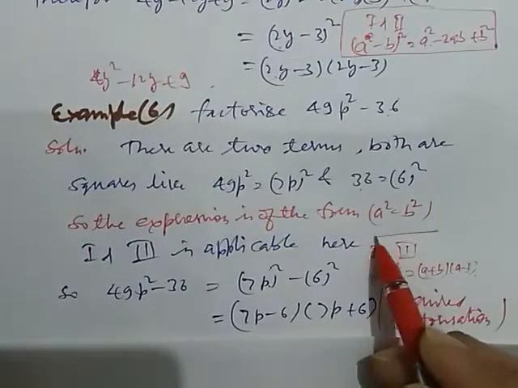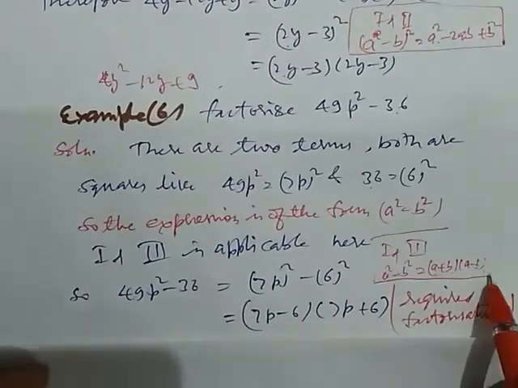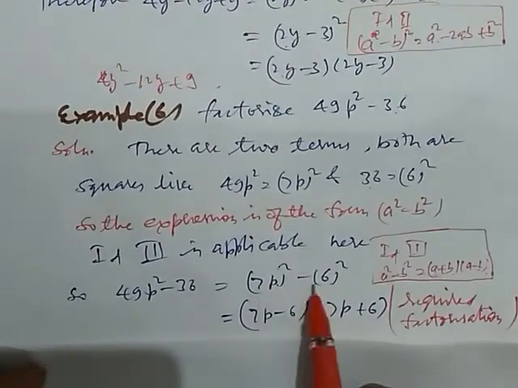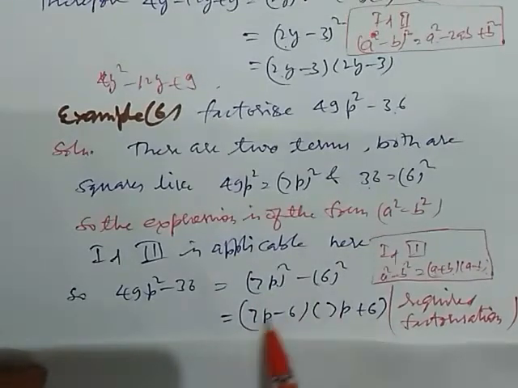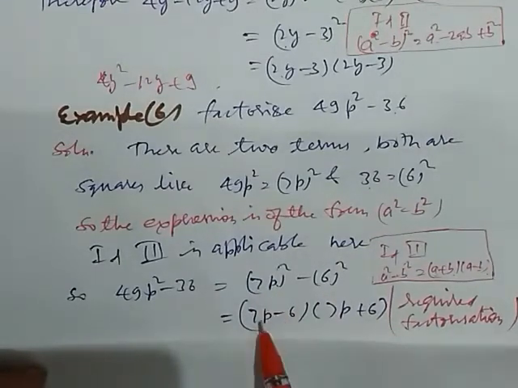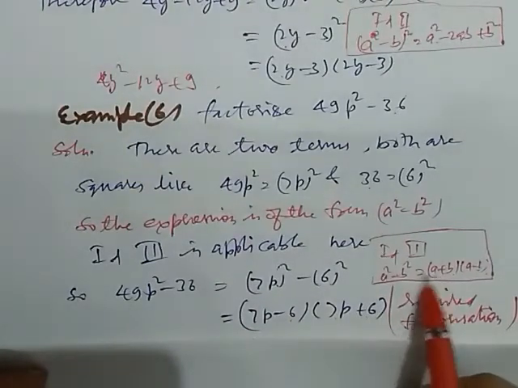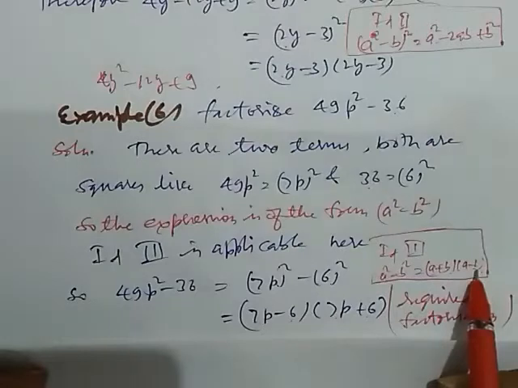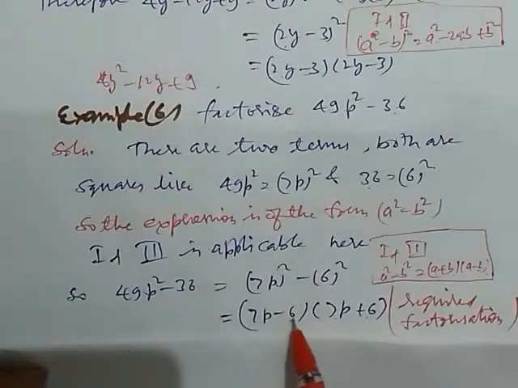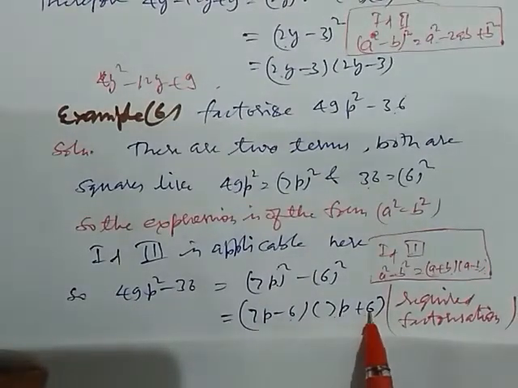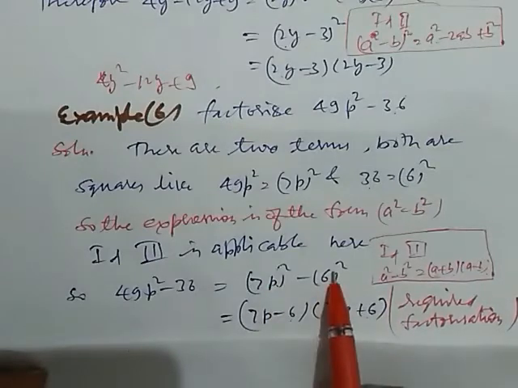So by using this identity third, we can write down these two as one time we subtract them and one time we add them, as here a plus b and a minus b. So here this is a and this is b.